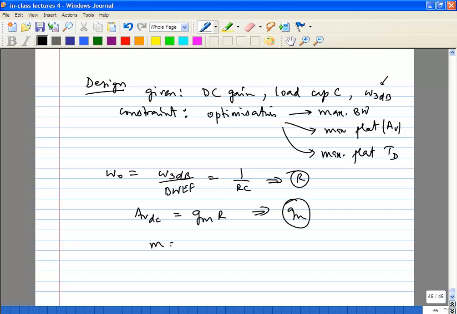Based on the constraint again, you will have M. So you can find out L.